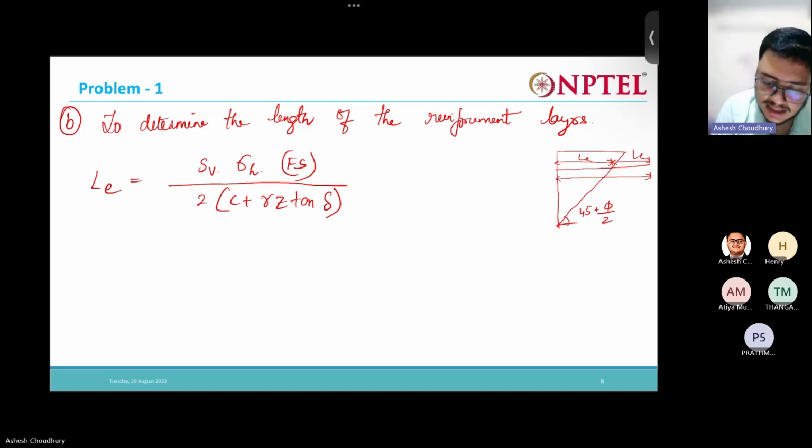It is nothing but the shear resistance that is developed at the interface. Isn't it? It is nothing but the shear resistance that is developed at the interface.